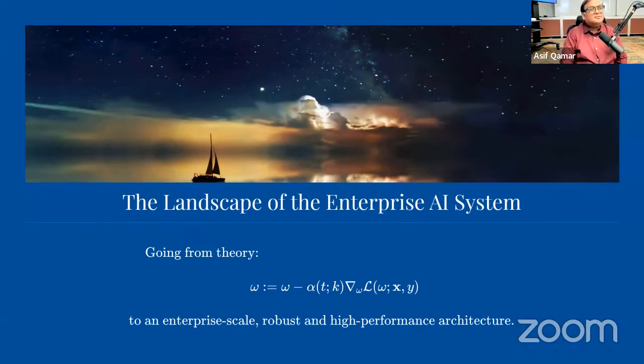Now, this entire bootcamp, just to recapitulate, its core goal was to bridge the gap between theory and an enterprise-scale, robust and high-performance architecture. I hope the lesson that you have been learning in the first half of the bootcamp is that it's really hard, isn't it? People tell you, and I've had many, many people come, they say, hey, I got deep learning. It's so easy.